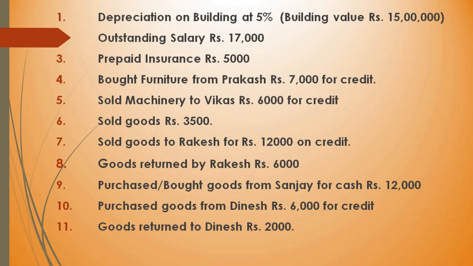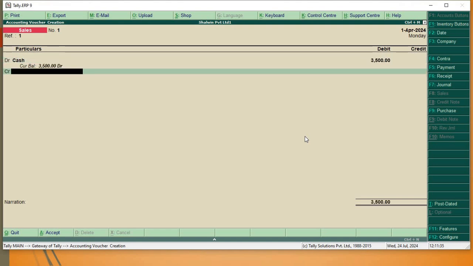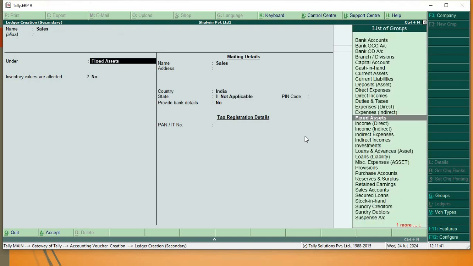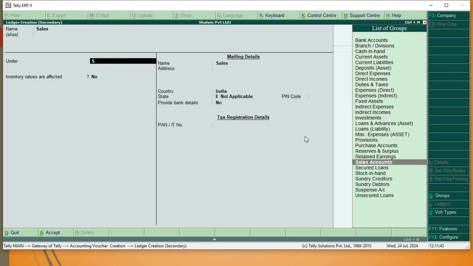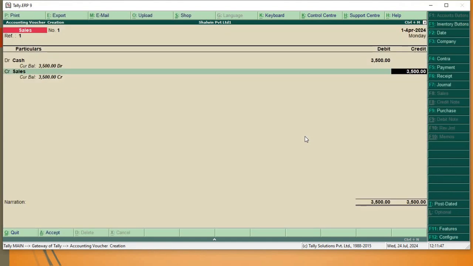What is the amount here? It is 3,500. And on the credit side, we have sales, under sales account. Inventory values affected, yes.